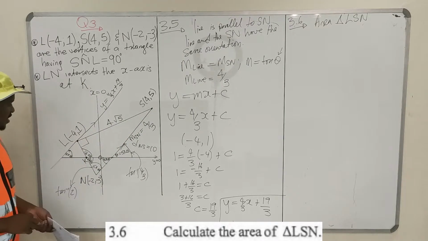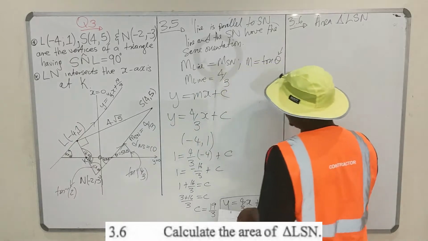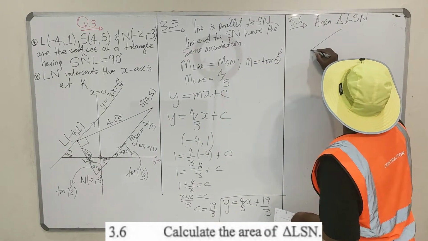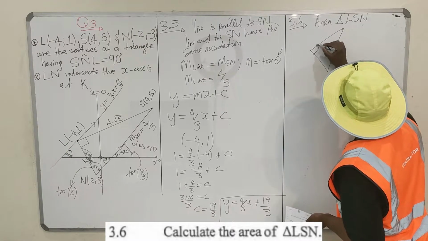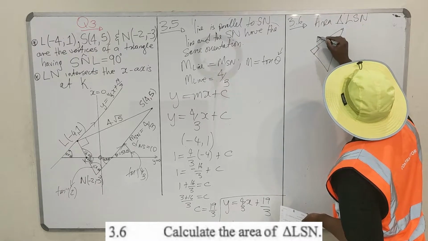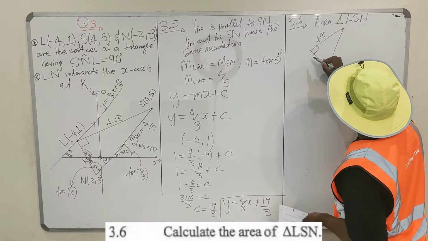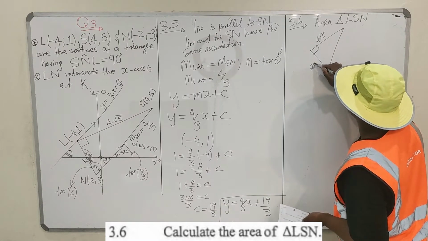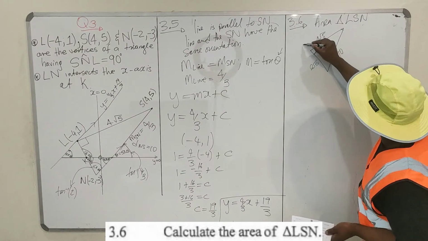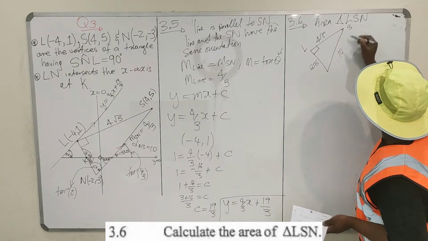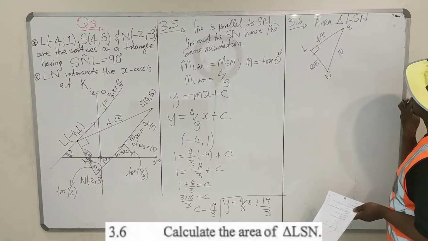So if you're given a triangle, I will try to draw this triangle again. It looks something similar to this. The 90 degrees here. So you have 4√5, we have 2√5, you have 10. So this is L, S, N. Fine.